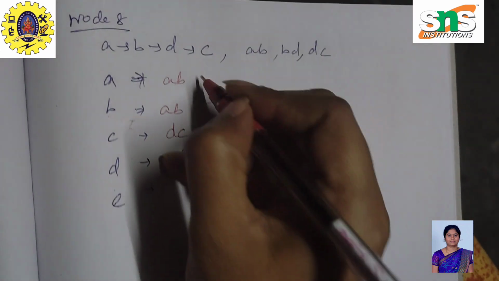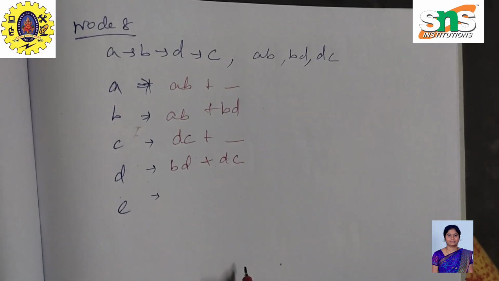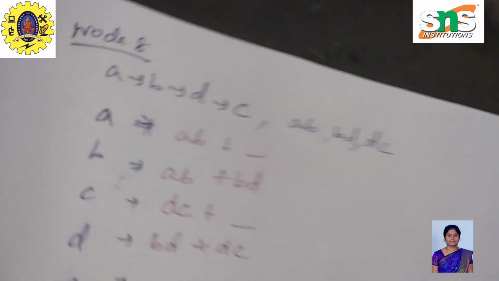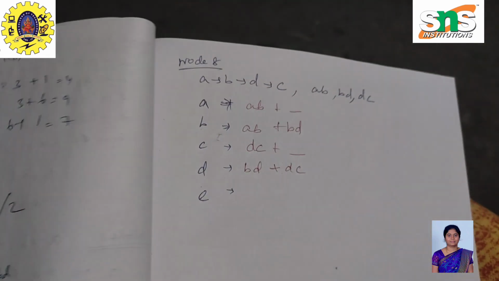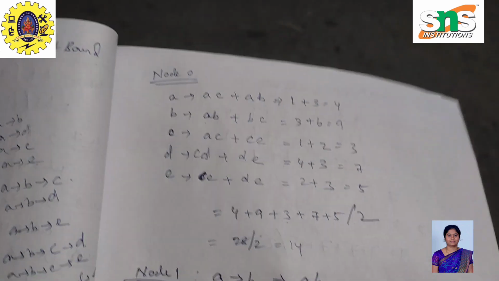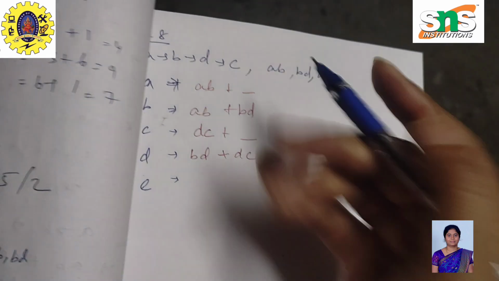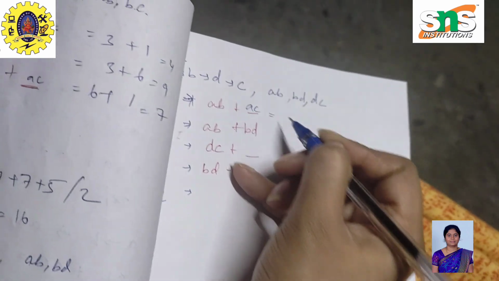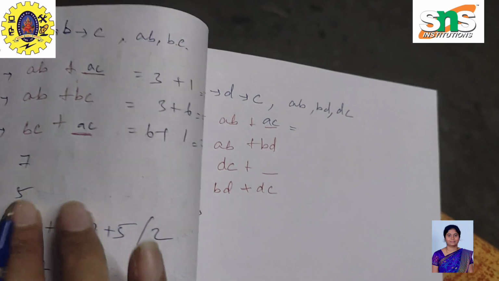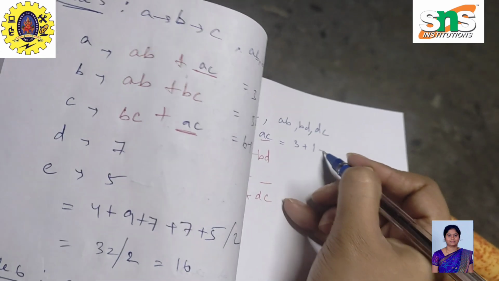So next minimum value we have to find from the node 0. So in this node 0, so first is AB. So from node 0, AB is already there and AC is the next value. So we have to find AC, and the value for AB is 3, and for C it is 1.